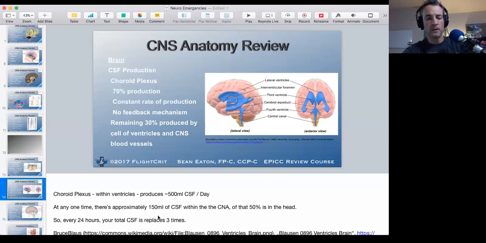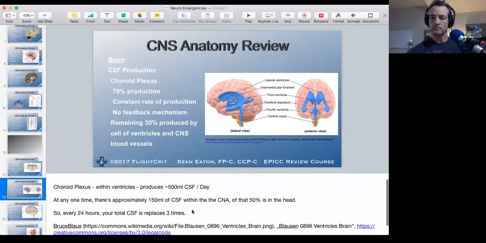First of all, the choroid plexus produces about 500 mLs of CSF every day, and it's produced at a relatively constant rate. At any one time, you have about 150 mLs of CSF within the central nervous system, and about 50% of that is up in the head. So at any one time, there's about 75 mLs of CSF housed within the head.